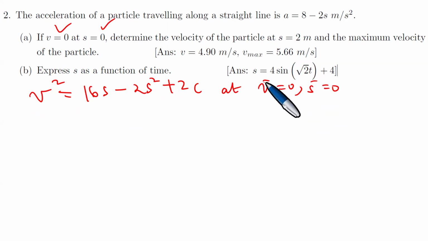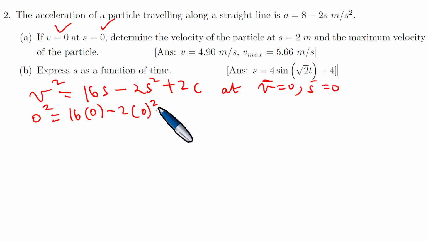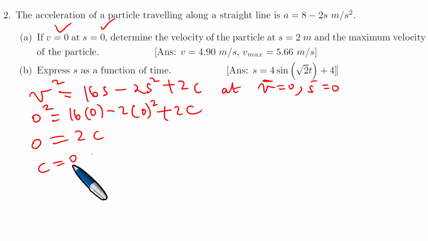Okay, if v is 0 and s is 0, it's going to be 0 squared, 16 by 0, 2 by 0 squared, plus 2c. Everything is 0, so 2c is 0. This means that the arbitrary constant c of integration is 0.